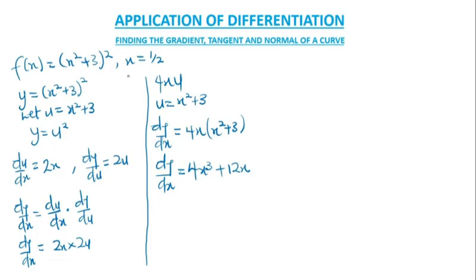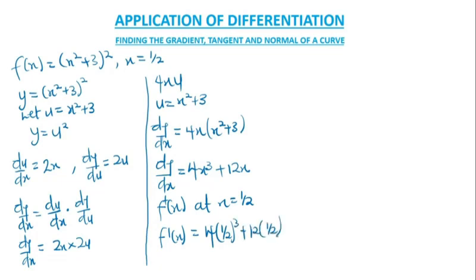Now the question is telling us to find the gradient at the point x is equal to half. So it means all we need to do is say f prime of x at the point x is equal to half is given to us by dy dx, which can be rewritten as f prime of x. So we have f prime of x, or dy dx, is equal to 4 into bracket half cubed plus 12 into bracket half.